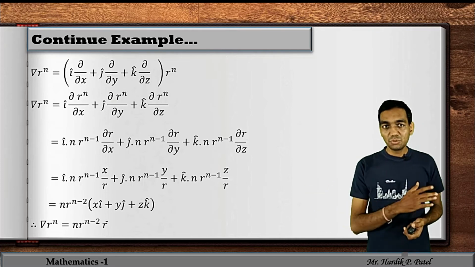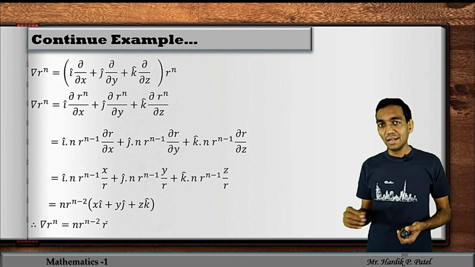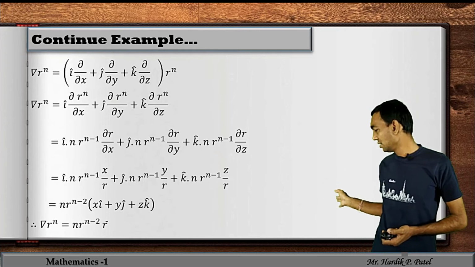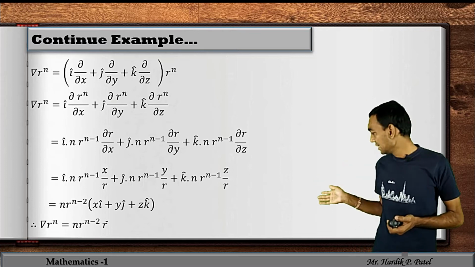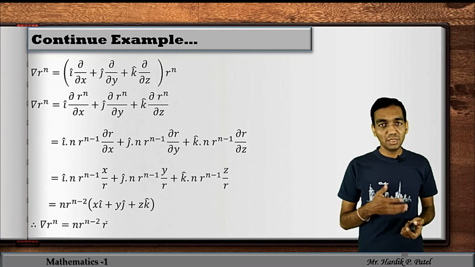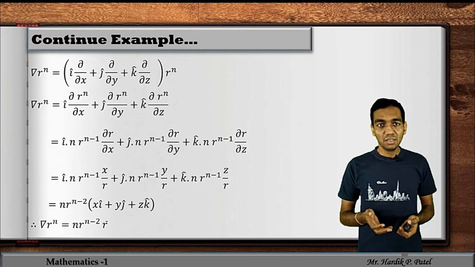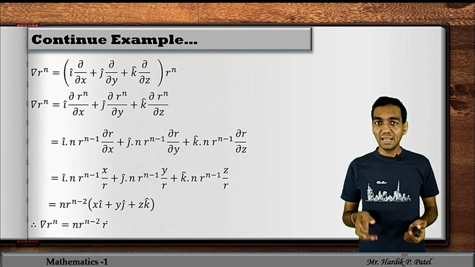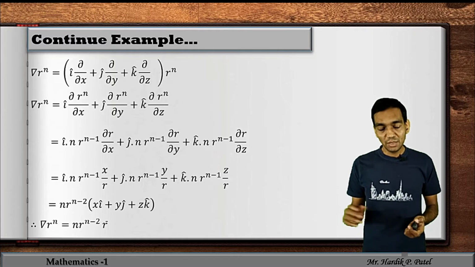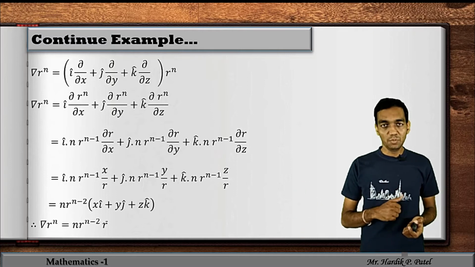So n into r raised to n minus 2 common out, and you will have n r raised to n minus 2 into (xi plus yj plus zk). But xi plus yj plus zk is nothing but our position vector r bar. So that will give you the gradient of r raised to n, that is n r raised to n minus 2 into r bar. Okay.